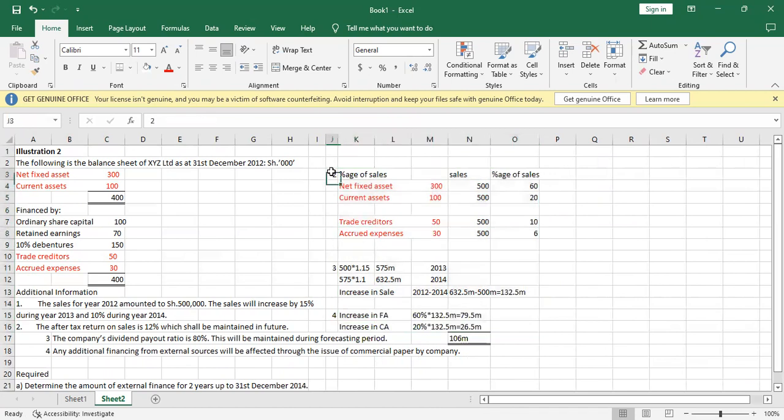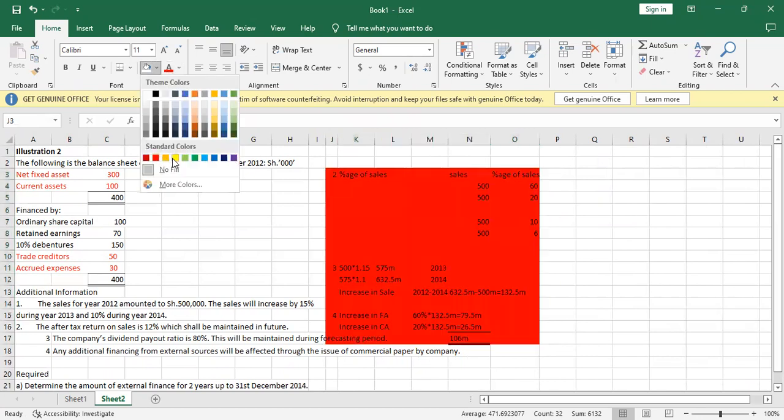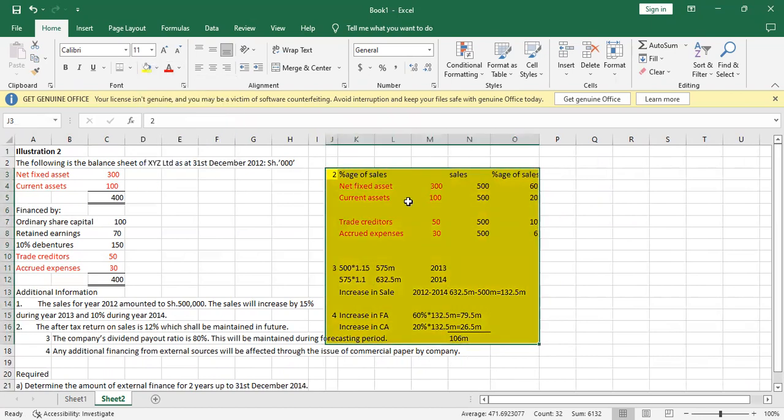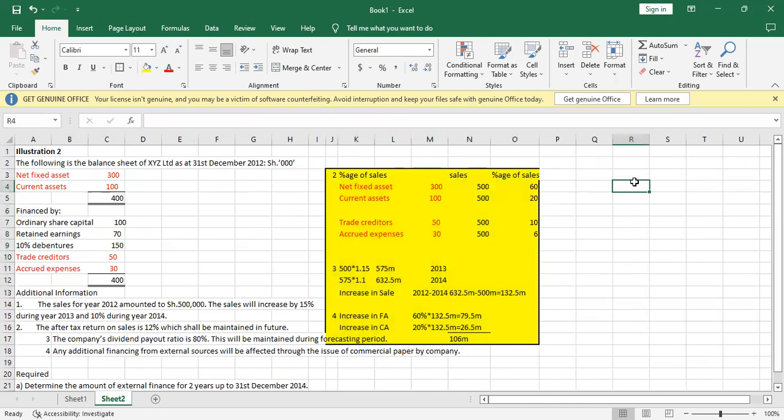Let me distinguish it from the question. Let me just paint it yellow. So I need to prepare the pro forma balance sheet. And a pro forma balance sheet is a projected balance sheet for the forecasting period.